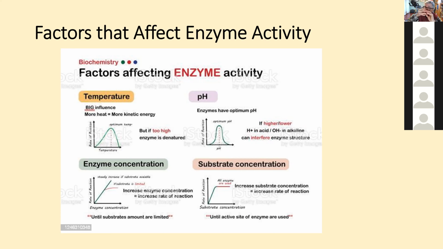So you're changing the shape of the active site because it's held together by hydrogen bonds. And if you change the shape of the active site, the substrate's not going to be able to fit as well, and that's going to lower enzyme activity, how much products are produced. So it falls off on the high end for a different reason. You're changing the shape of the active site. Everybody see that?